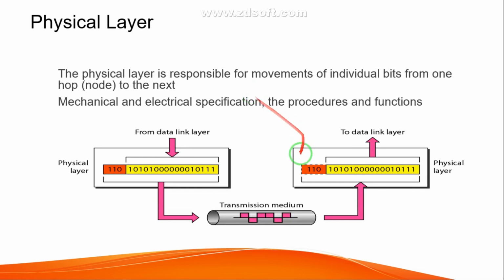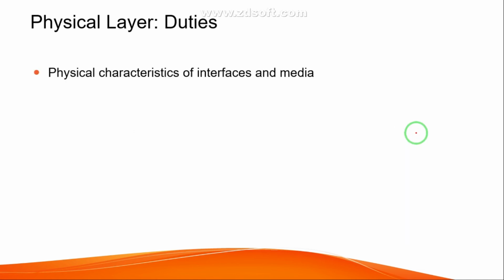So you can see over here that the data is coming from the higher layer, that is the data link layer, and this is your physical layer. So it is responsible for movement of these bits from one hop to another hop, and this is your receiver side.